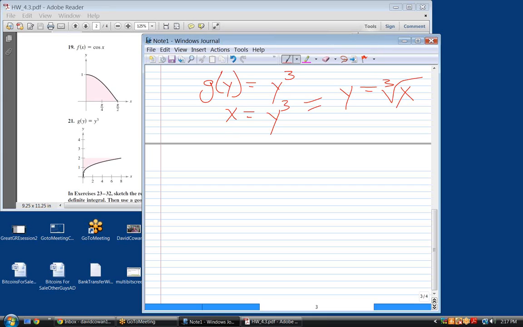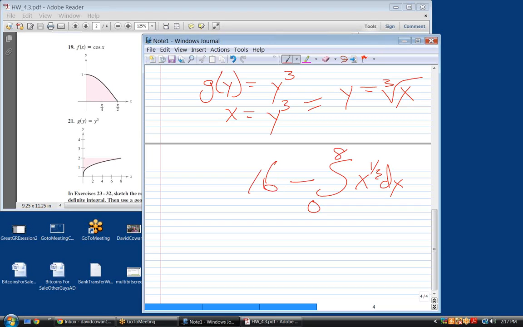And subtract out the area under the curve, which would be merely the integral of x to the 1/3 dx going from 0 to 8. So the answer would be 16 minus that. Now, first of all, do you understand that method?